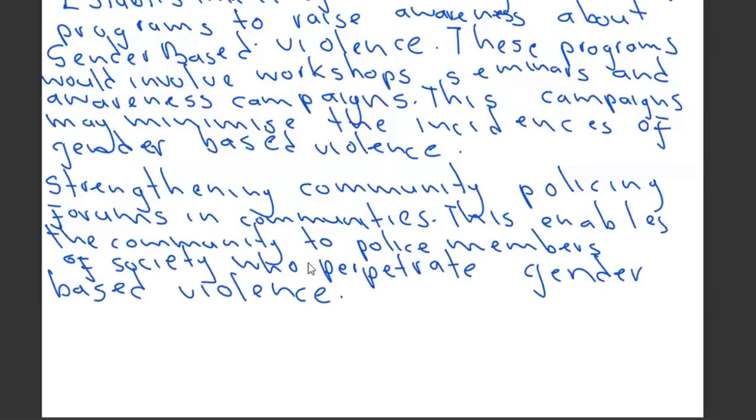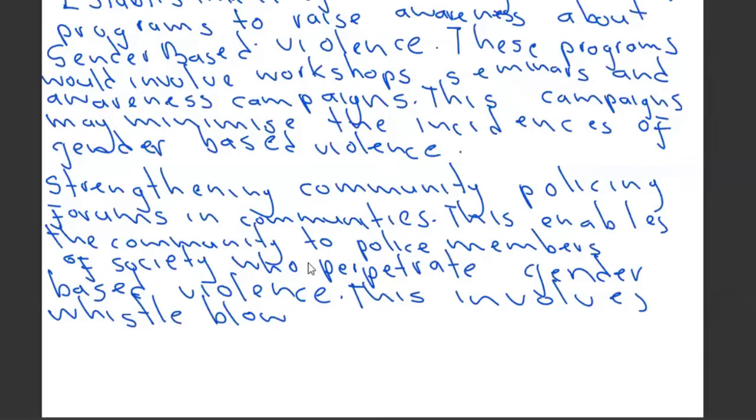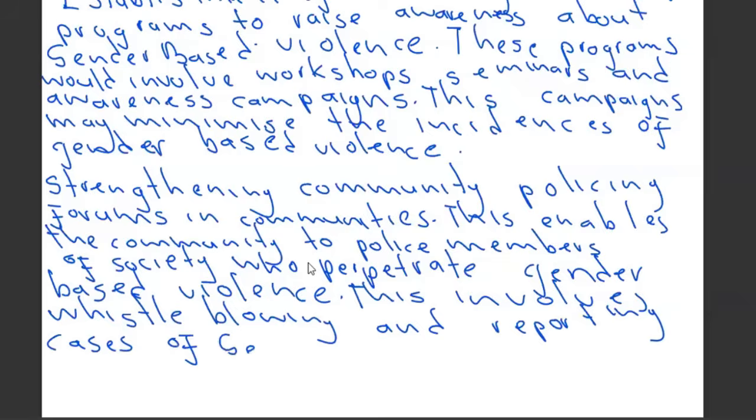So this involves reporting, whistleblowing, and reporting cases of gender-based violence. So the community can actually be involved in the policing of people who promote or who perpetrate gender-based violence.